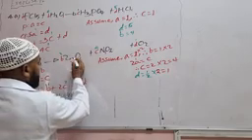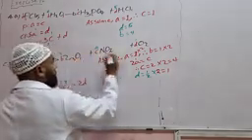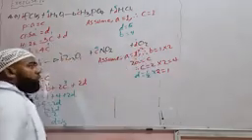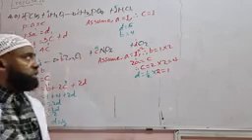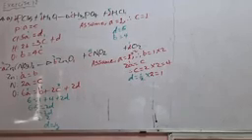Here 2 oxygen plus 4 times 2, 8, 8 plus 2, 10, 10 here 2, 2 plus 10, 12, 12 oxygen. Therefore, the equation is balanced.